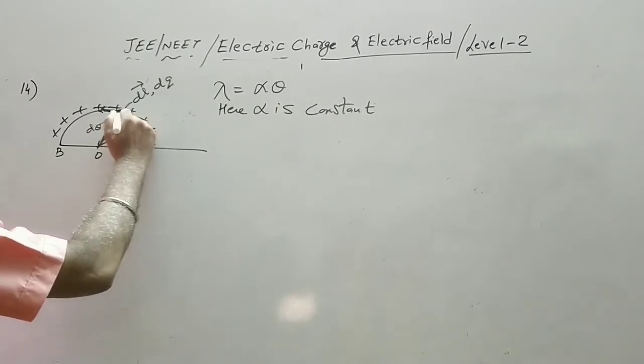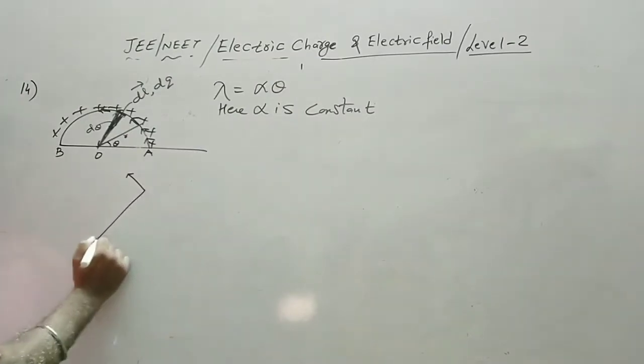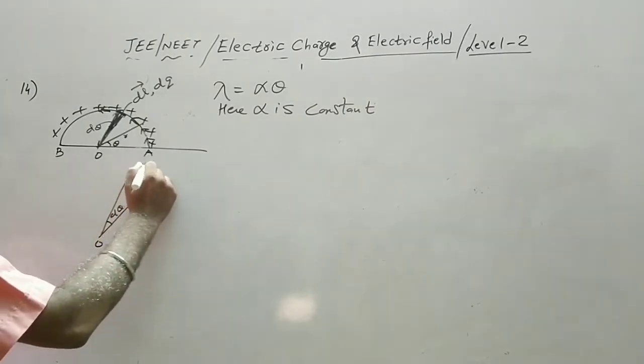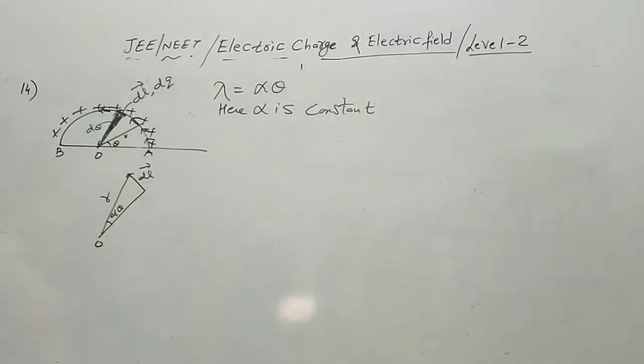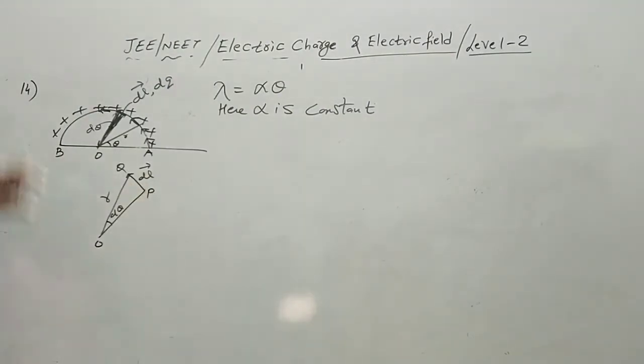To understand this, let us draw this element. So I join this, it becomes d theta, dl vector, and this is the radius r. Let these be points P and Q. So we enlarge this line element here.